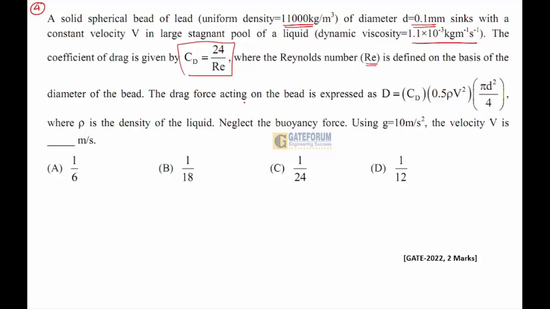The drag force acting on the bead is expressed D equal to CD into 0.5 rho V square into pi d square by 4, where rho is the density of the liquid. Neglecting the buoyancy force, use G equal to 10 meter per second square and velocity is dash meter per second. A 1 by 6, B 1 by 18, C 1 by 24, D 1 by 12.